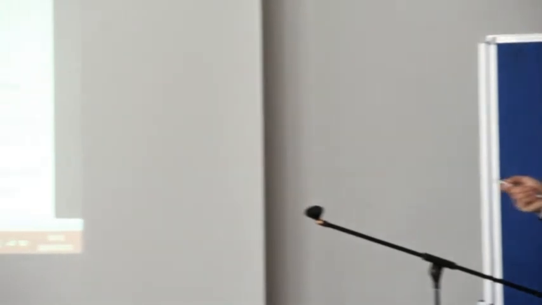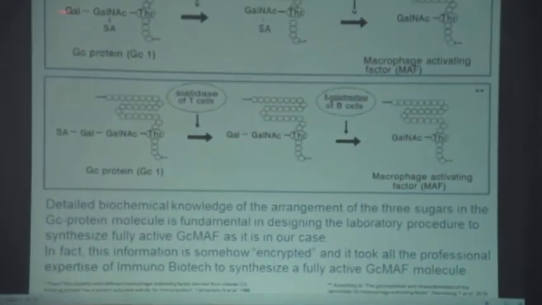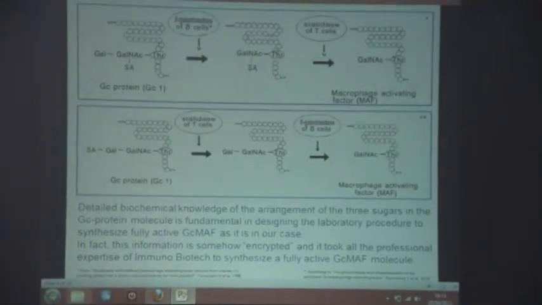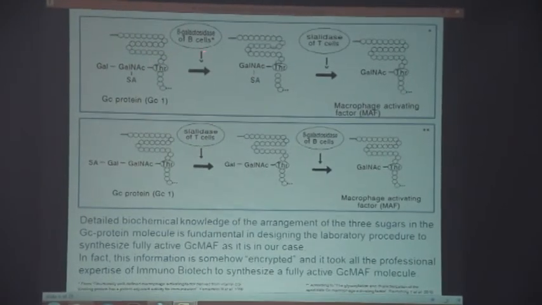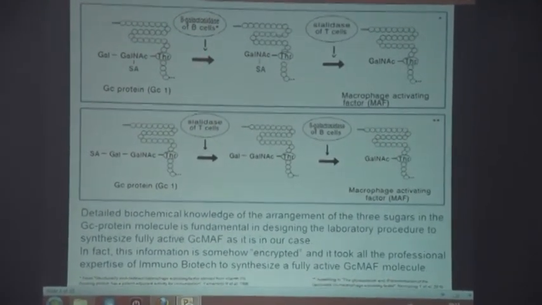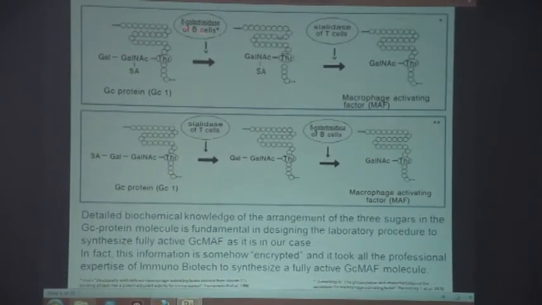And here we have the structure of the GC protein with the three important sugars that are linked to the protein in a branch structure. So in this case, you can observe that it's not important if in synthesizing GcMAF we use beta-galactosidase or sialidase.